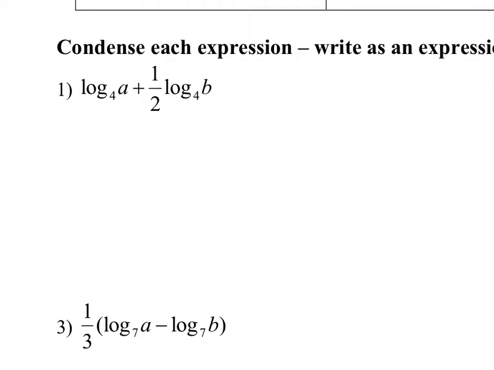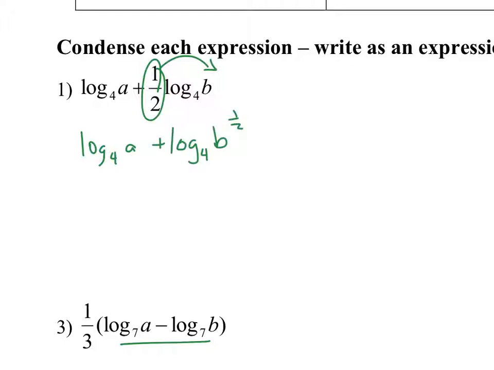Ready, Freddy. The first thing you should deal with is these numbers out in front. Parentheses are also a good thing to deal with first, but we don't have parentheses here, so this just goes up top. So it's log base 4 of A plus log base 4 of B to the 1/2 power. Okay, it's a plus sign, so when it's a plus sign, it's always them multiplied together, this and this.